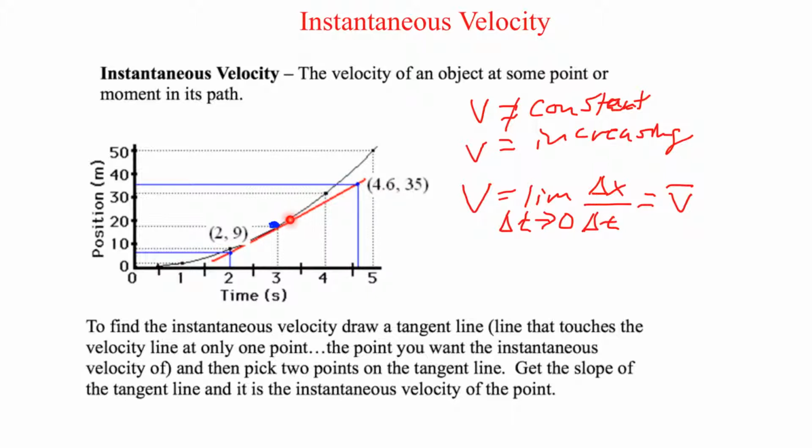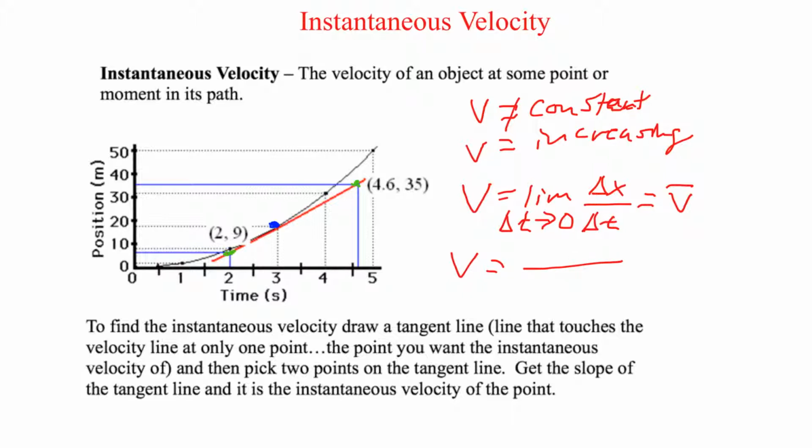And the slope of this line is going to be equal to the slope at that one exact point. So we've drawn our tangent line and we've plotted some points on the tangent line here. And now we can plug those into our equation.